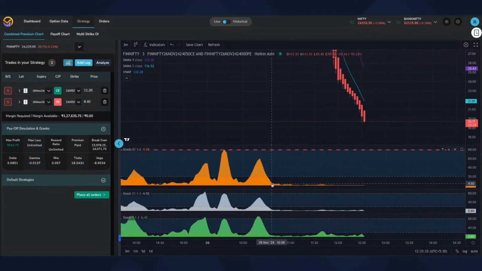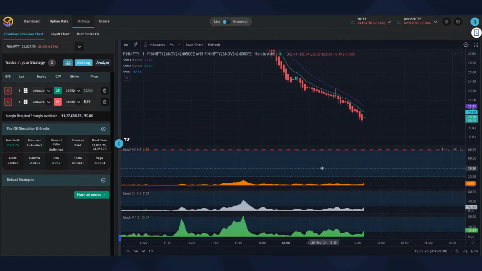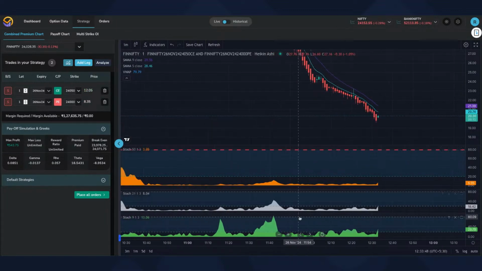Right now, as you can see, none of these showed any up move or any drastic move since 10:30, on the stochastic indicators. Even if I go back to 1 minute, there were some moves here and there, but not very drastic.